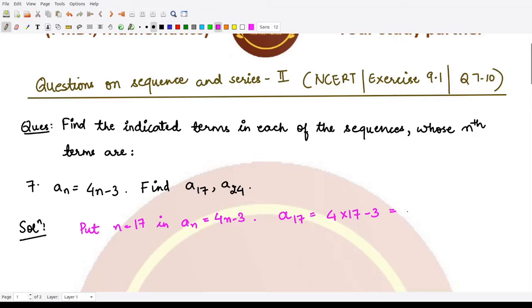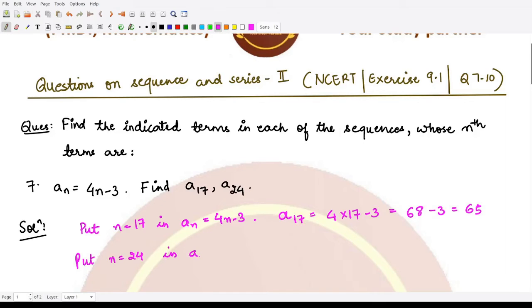So how much is that? We just have to solve this one, right? So 4 into 17 is 68 and minus 3, so this is 65. Similarly, in order to calculate this a24, we need to put n is equal to 24 in the general term.